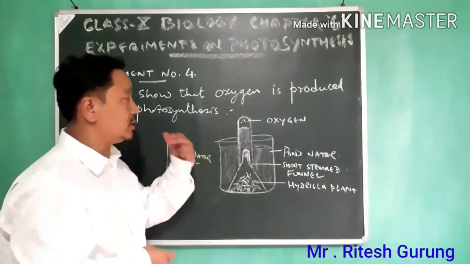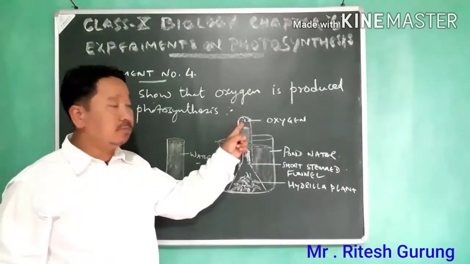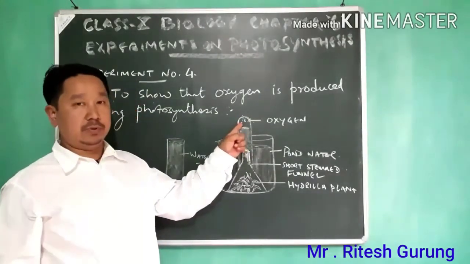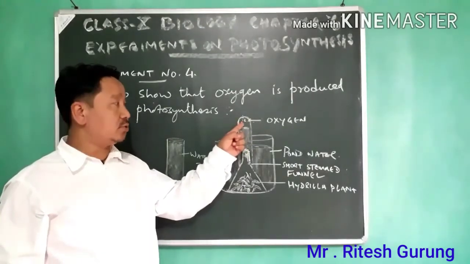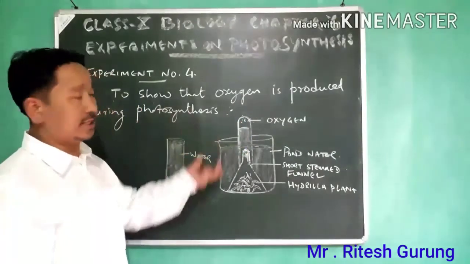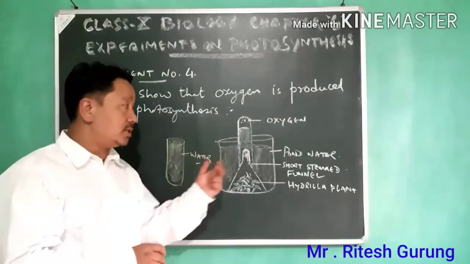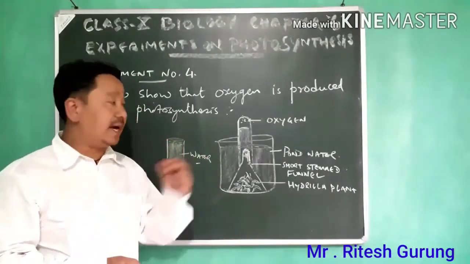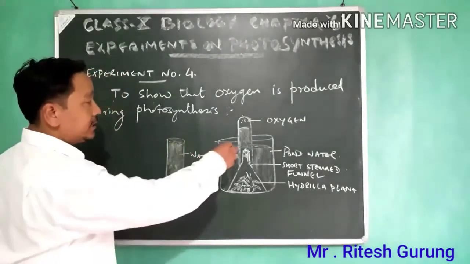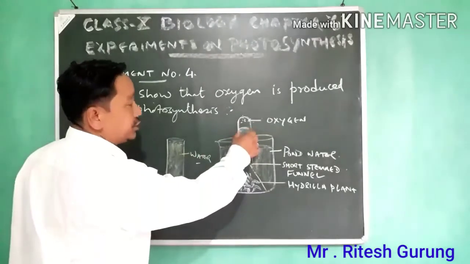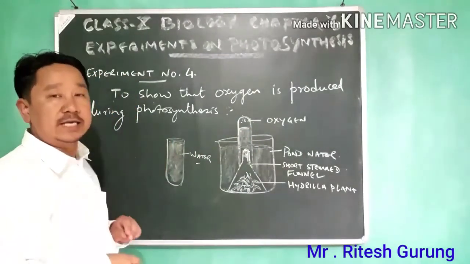You need to go for the test of the gas collected at the top of this test tube, as is shown in the diagram. We know that this must be oxygen, but you need to confirm it by testing it. So you need to test it by bringing this test tube close to a glowing splinter.